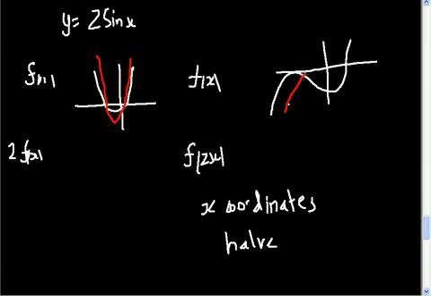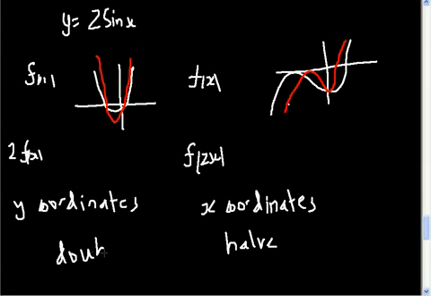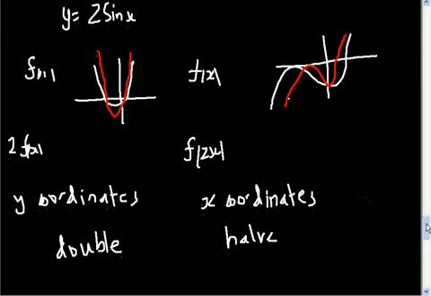If I halve this x coordinate, it would be somewhere here. That point would stay the same because half of 0 is still 0. And this graph would look something like this, because if I halve this, it'll be somewhere here. So all the x coordinates halve, whereas in the transformation like this, all the y coordinates double.